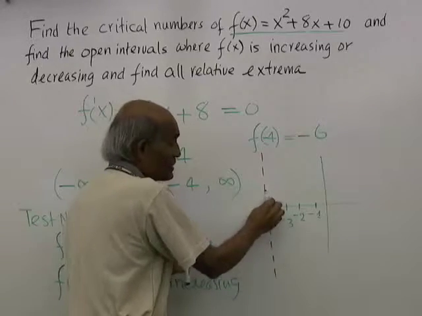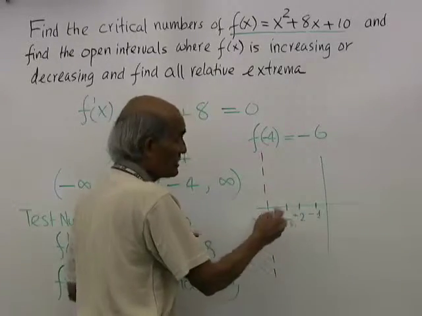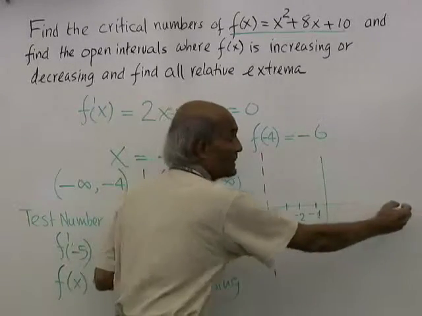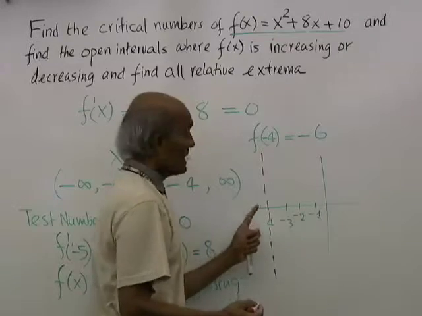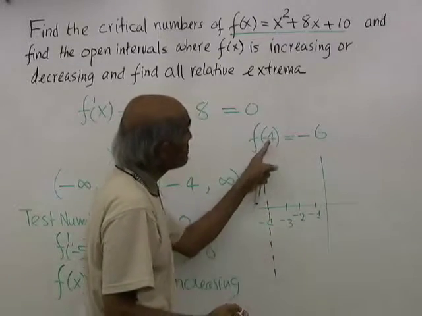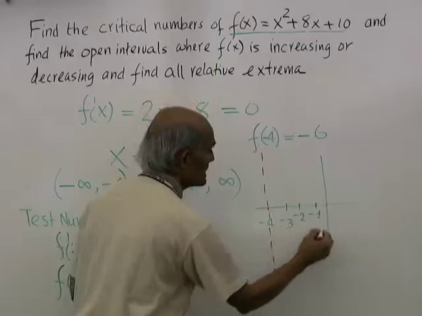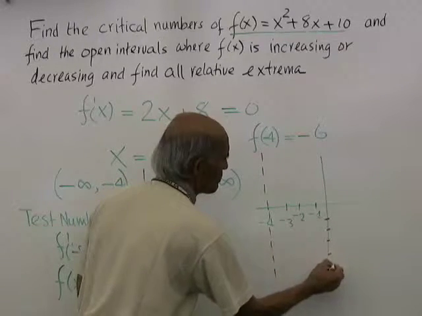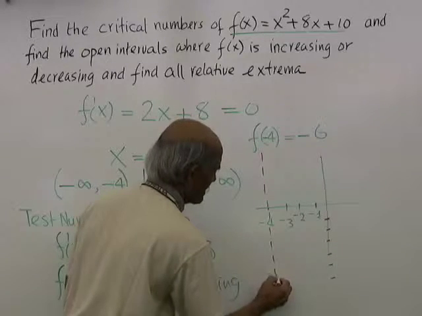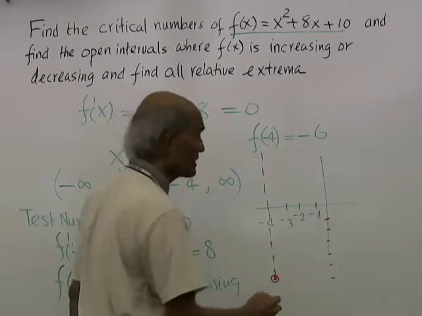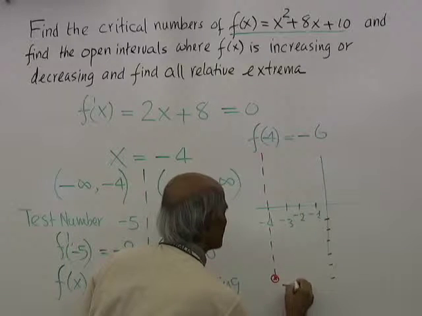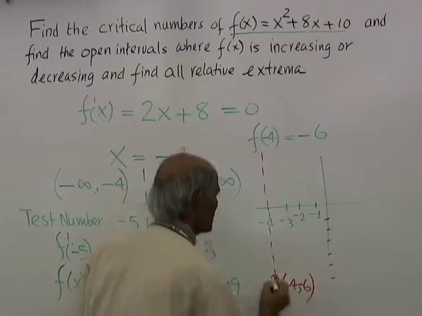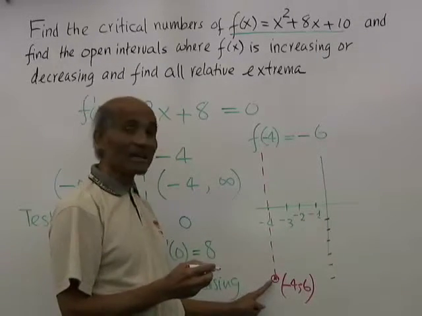And we divided the domain of the function into -infinity to -4 and -4 to infinity. And you know that at x equal to -4, the function value is -6. So it will be -1, -2, -3, -4, -5, -6. This is the point where you get x equal to -4 and the function value is -6. And that is a relative minimum.